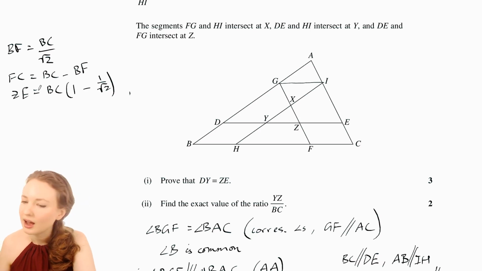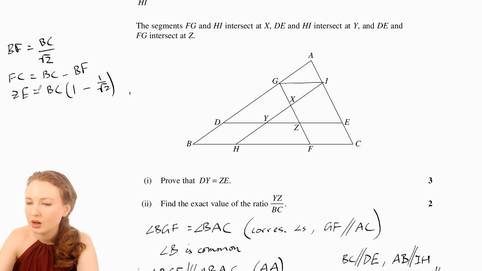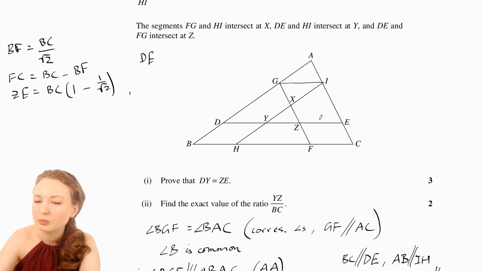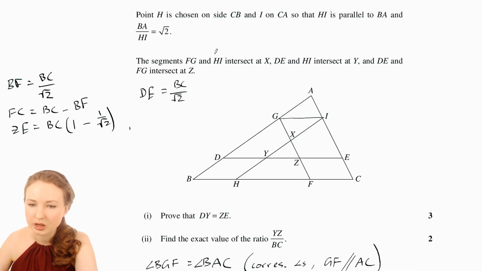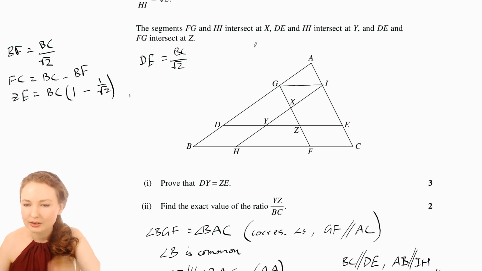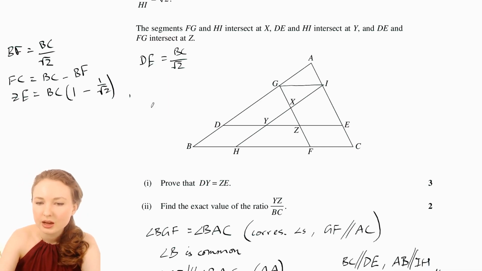ZE. And then we've got the DE. DE is also BC on root 2, that was kind of given up there. Okay, so we've got that, and then we can say that YZ is DE minus these two.